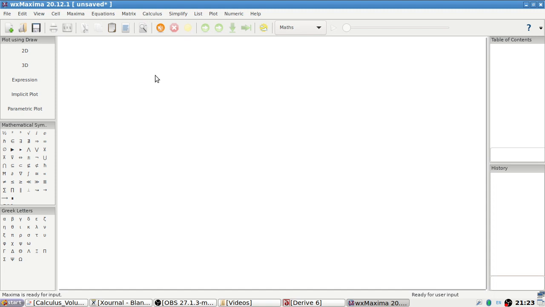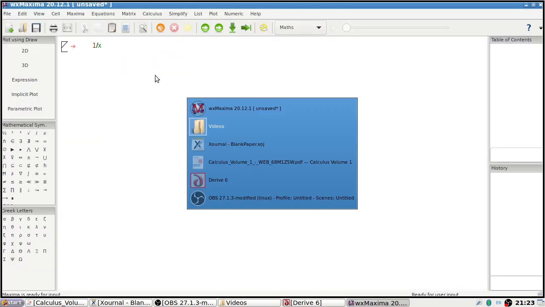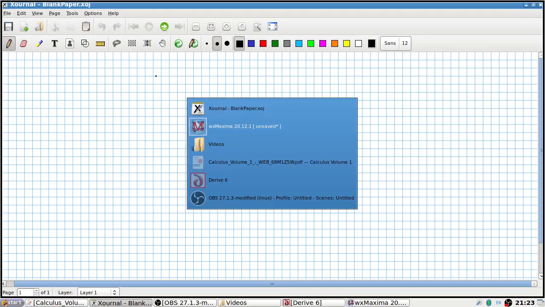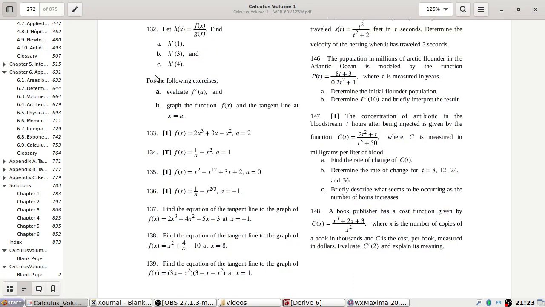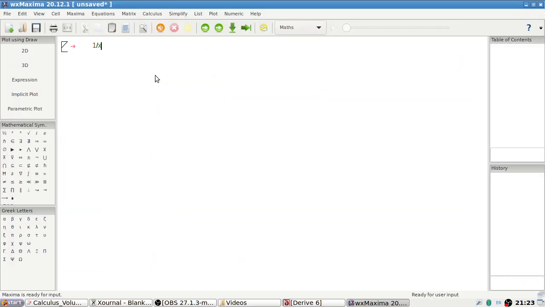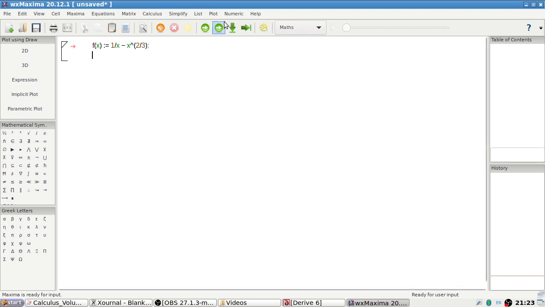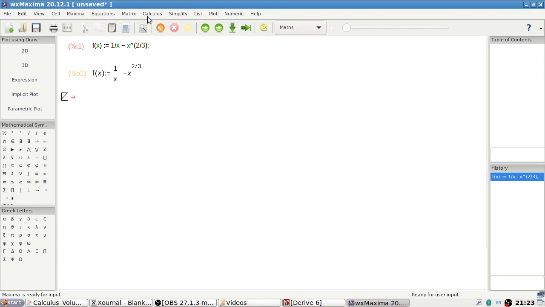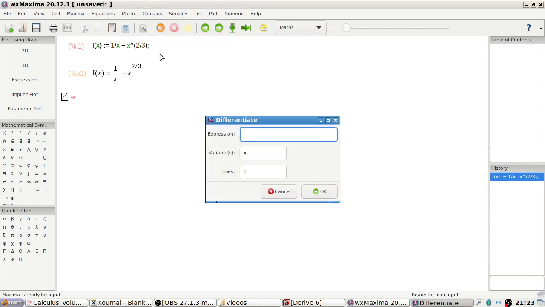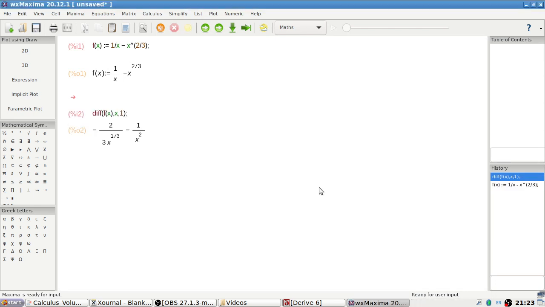Okay, 1 over x minus x to the power 2/3. And then calculus, differentiate f(x). Let's see what happens.